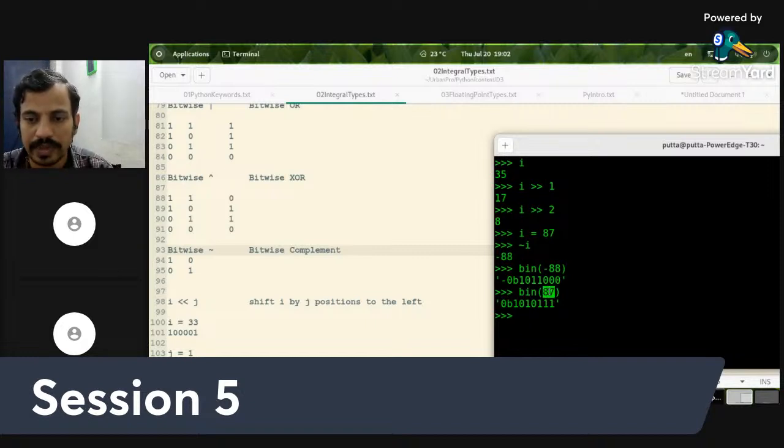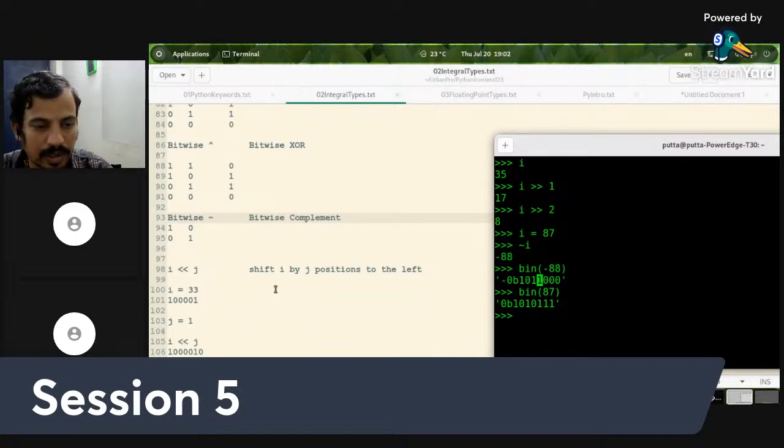In 87, wherever you have ones in its binary, you get 0 in the complement, and wherever you have zeros, you get 1. So that is the bitwise complement.